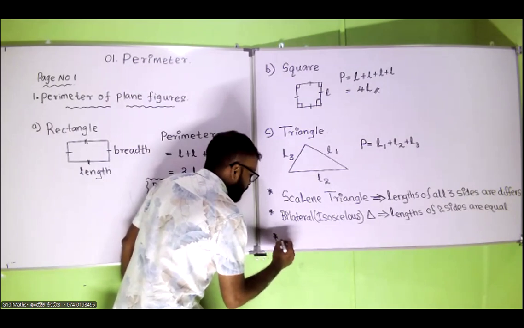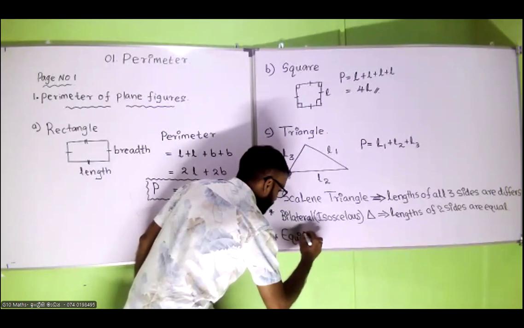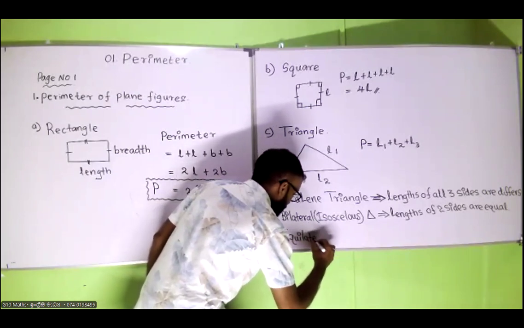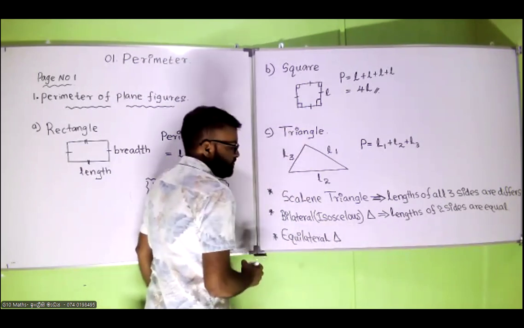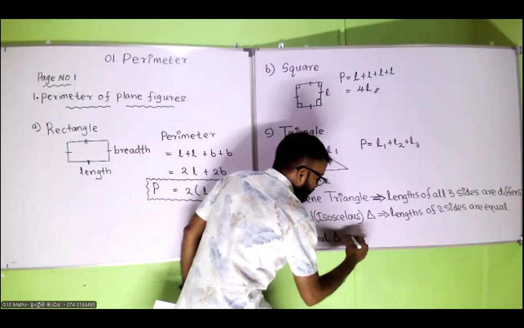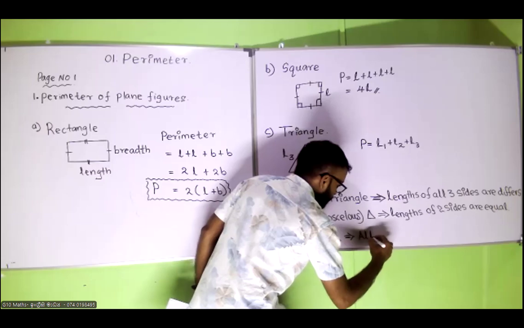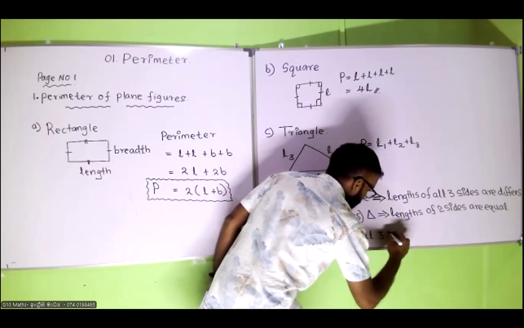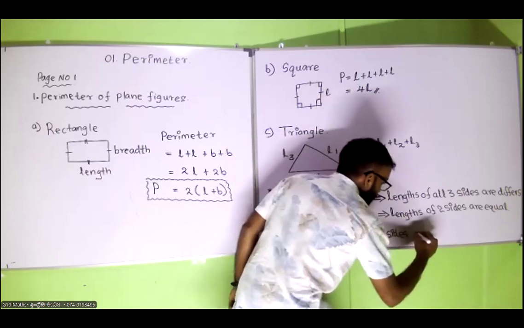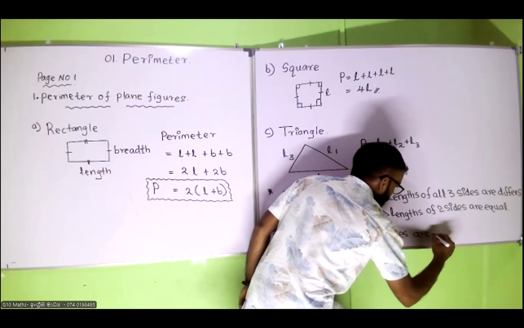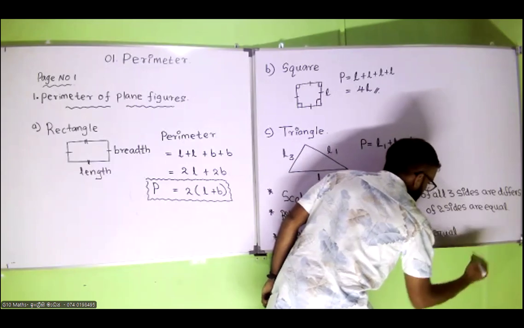Then the equilateral triangle: all three sides are equal.